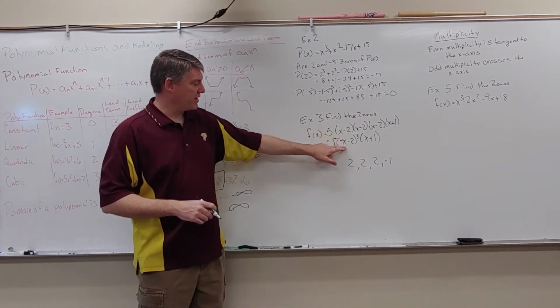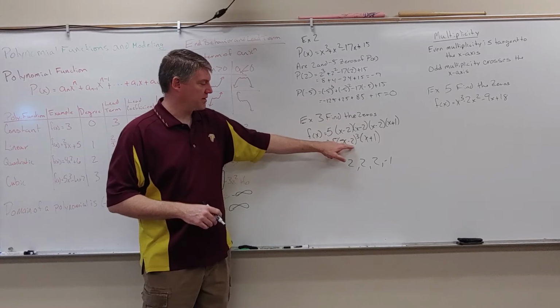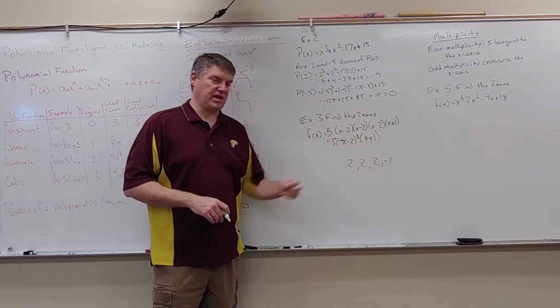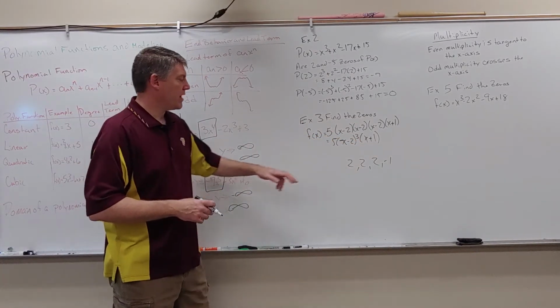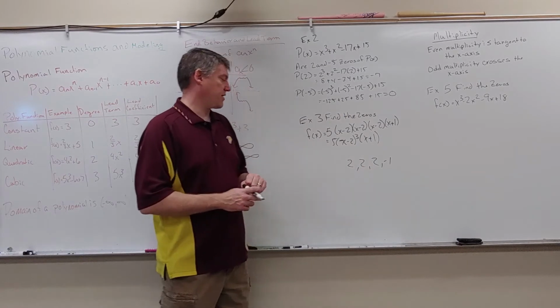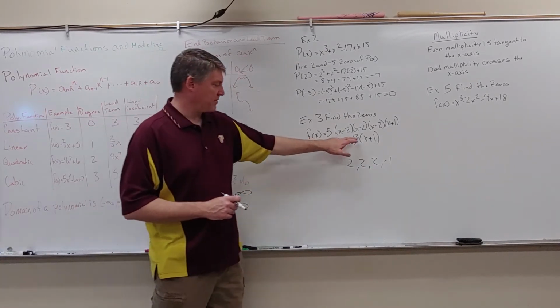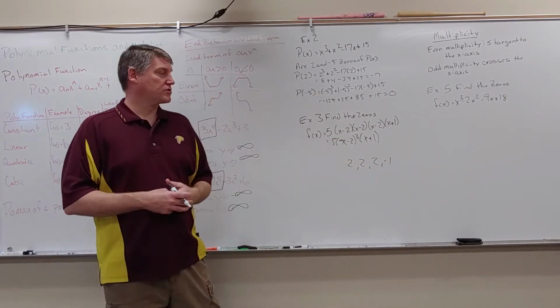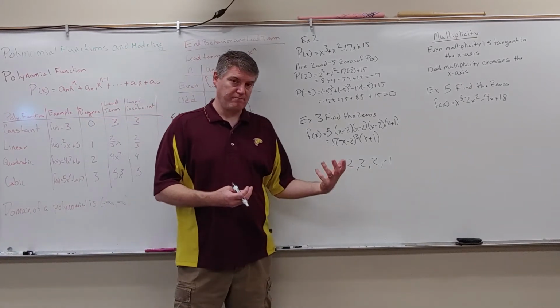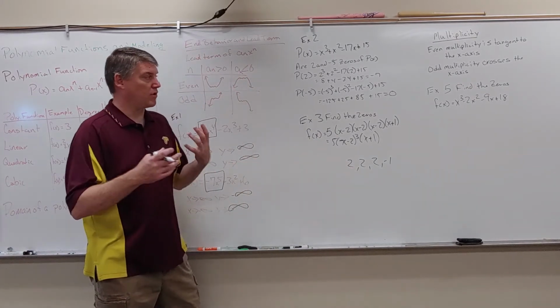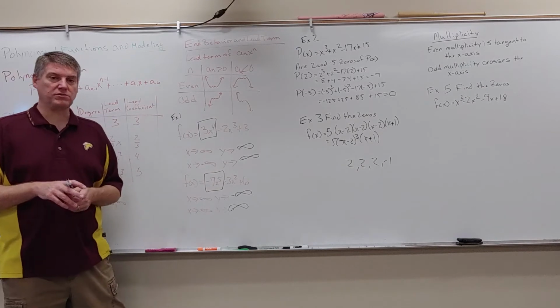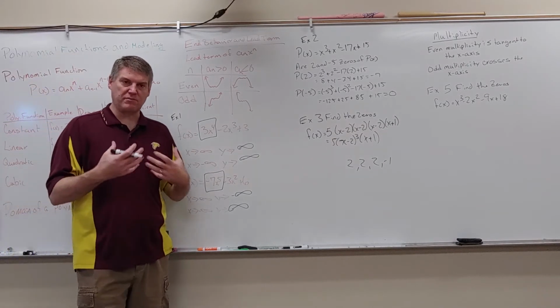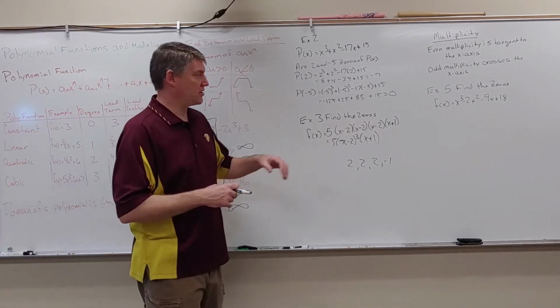So another way we could write this is 5 times x minus 2 to the third power times x plus 1. Okay? So here I have 2, it happens 3 times, it's that power. So it has this multiplicity of 3. And we're going to talk about what multiplicity means. Multiplicity just means that that number appears multiple times as a 0.